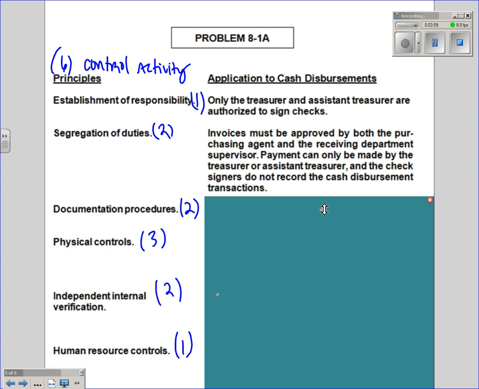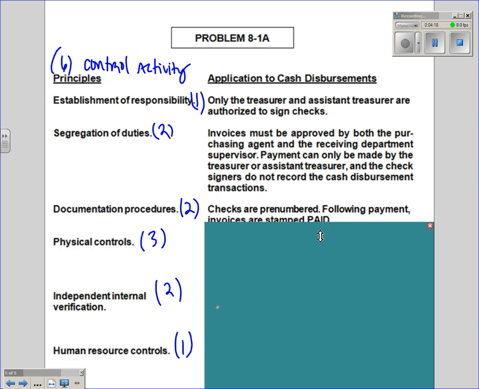Documentation procedures. Let's read that part of the chapter. Basically, the paper trail. Transactions have paper copies that go with it. And there's 2. Checks are pre-numbered. Following payment, invoices are stamped paid.